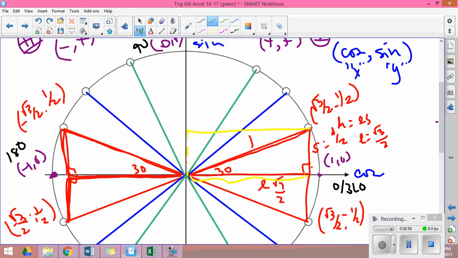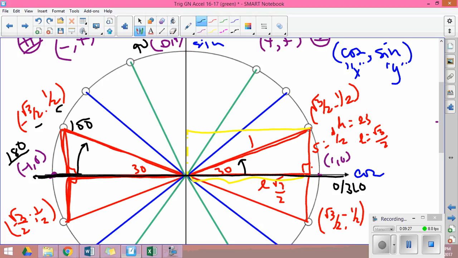I'm also going to compare all of that to the x-axis. If I go up 30 degrees, I'm at 30. I started at 0, I went up 30. If I start at 180 and I back up 30, this is a 150-degree angle. So the cosine of 150 is negative square root of 3 over 2, and the sine of 150 is positive 1/2.